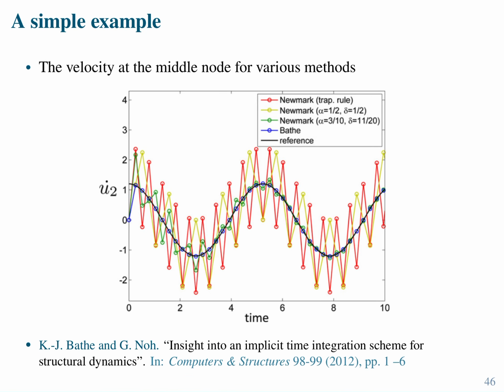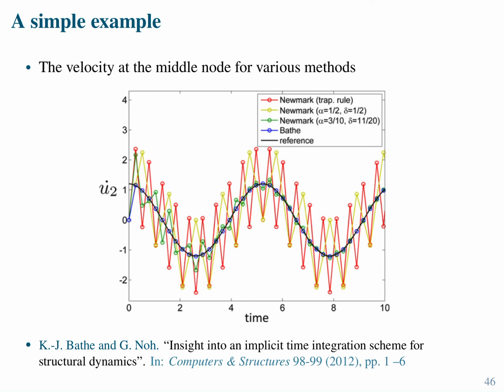But then when you start looking at the velocities of the different methods at the different nodes, suddenly you have that at that middle node that is connected between a very, very high spring stiffness and a very low spring stiffness, you get some things that start to go crazy, right? So in the velocity, you have crazy oscillations by the trapezoidal rule, which is the one that I advocated a few minutes ago.